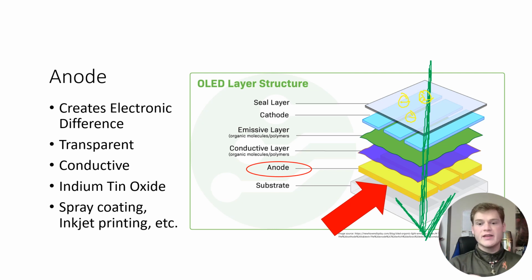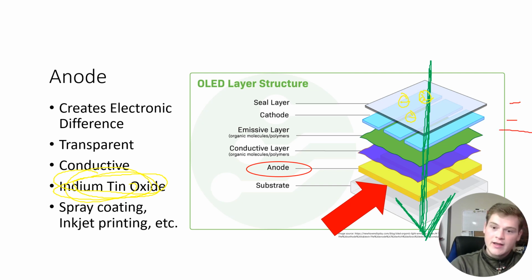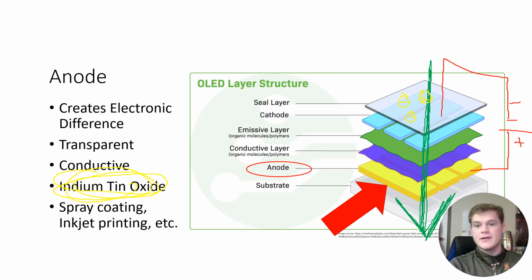The anode is really a film of what is known as indium tin oxide, right here, that allows the electrons to flow through the circuit. So I'm going to create our little battery here. We have our negative charge, and then the anode's connected to the positive part of our battery.